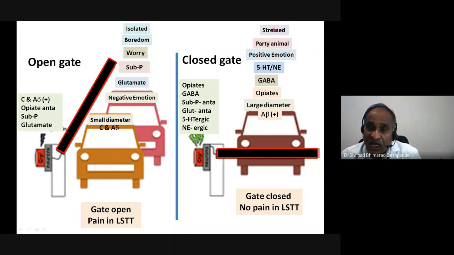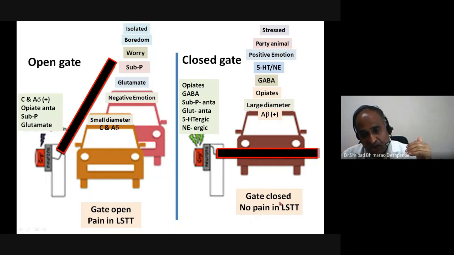In addition, it has the opiate enkephalins or endorphins, and that would decrease the pain. Or in the other way, if there is a stimulation of the brain stem, especially the periaqueductal gray, that would enhance the opiate or enkephalinergic activity here. So that is how the gate remains closed and the pain is relieved.